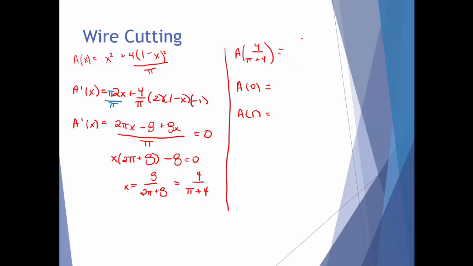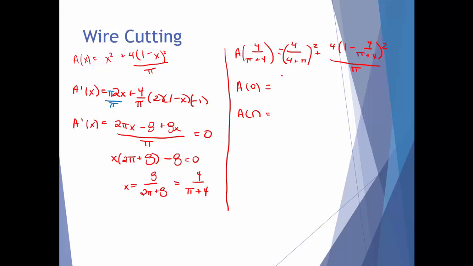If you take a look, if you have 4 over pi plus 4 and you plug it in, so you're getting things like 4 over pi plus 4 squared, because I'm plugging it in for x, plus 4 times 1 minus 4 over pi plus 4 quantity squared over pi.